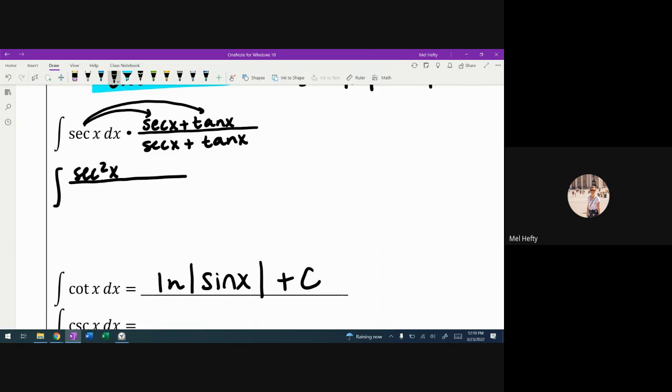Do you see it already? Nice. You do? All right. Secant times tangent, I'm just going to write secant x tangent x. On the bottom, I'm going to keep that secant x plus tangent x.